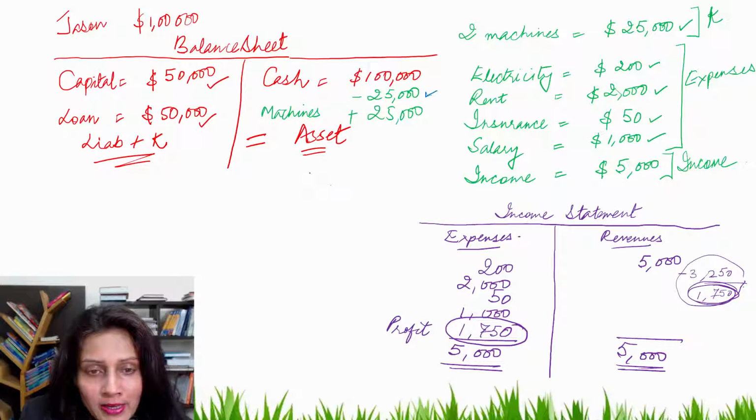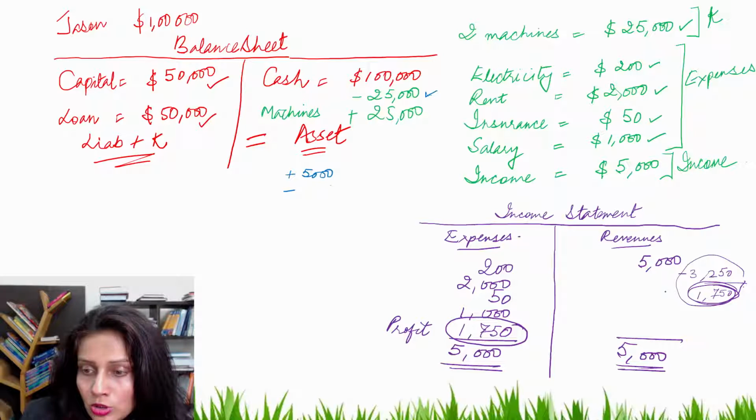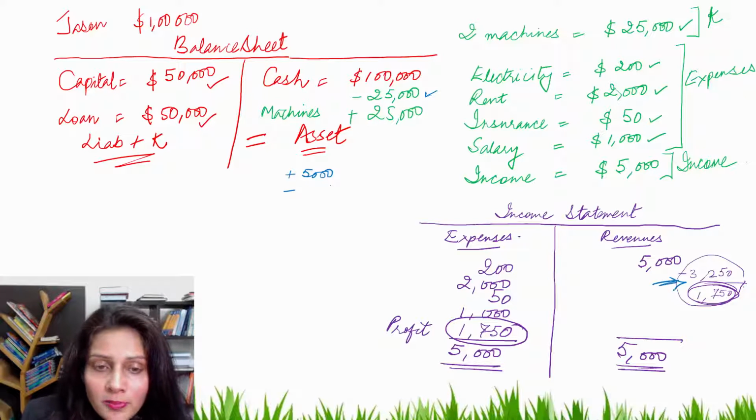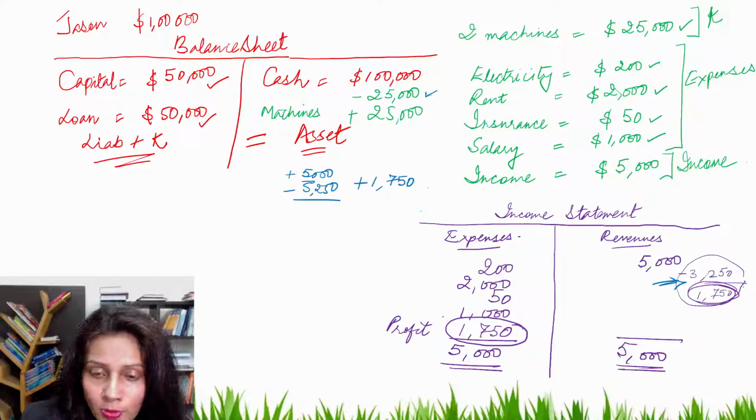So our cash increases by 5,000, but Jason has also made certain payments for all these expenses that we talked about, and as we had calculated the total comes to $3,250. So a payment of $3,250 has been made. So cash balance has increased by $1,750.